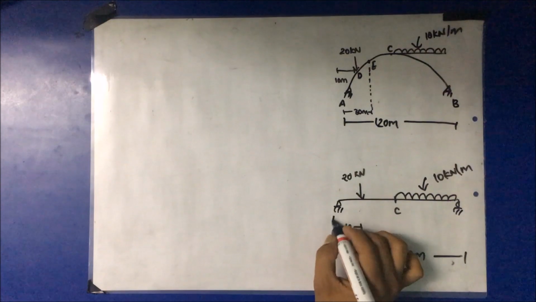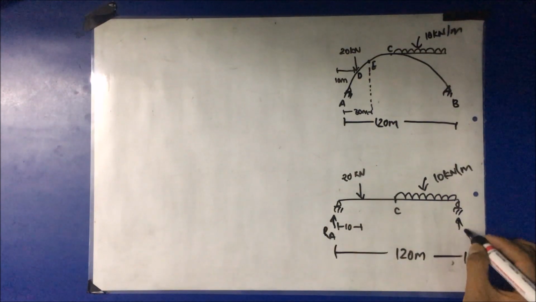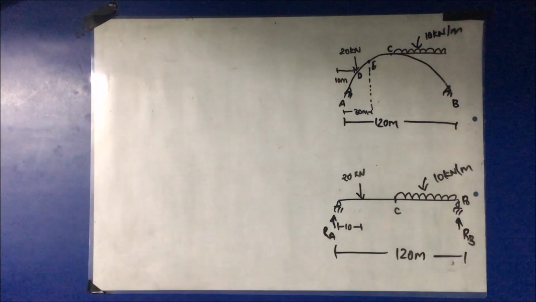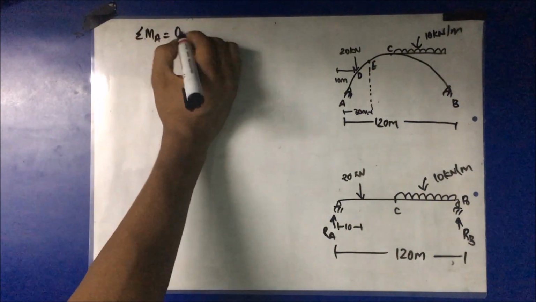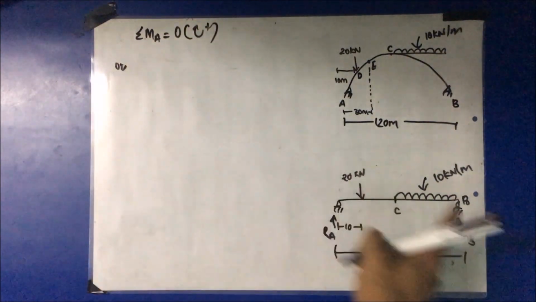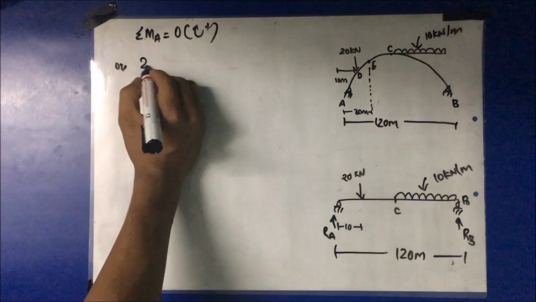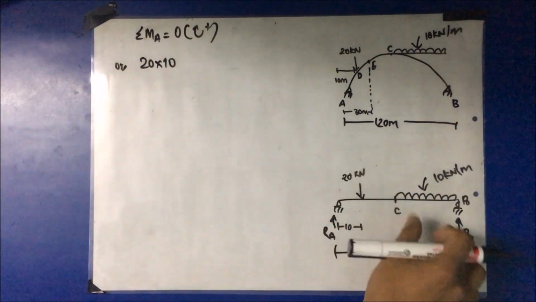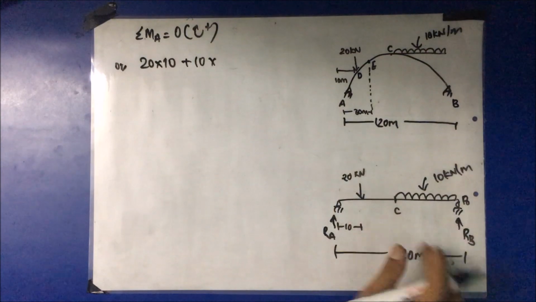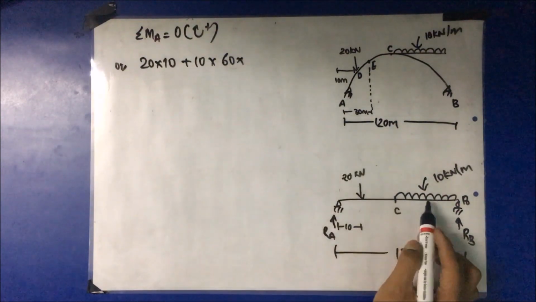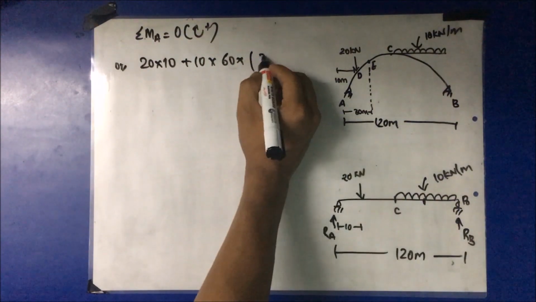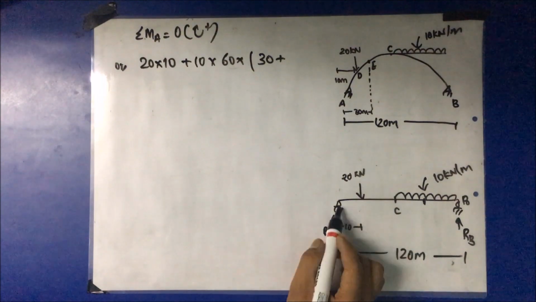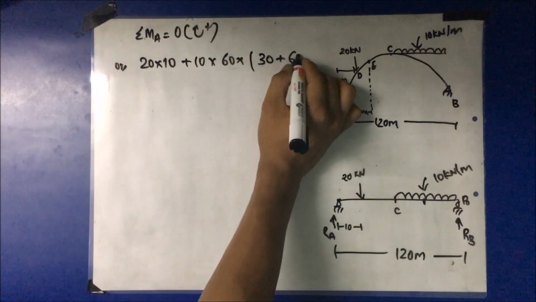Now here we will find the reactions at A and B. Applying the static equilibrium condition, taking moment about A as 0: RB gives anti-clockwise, 20 gives clockwise, so 20 multiplied by 10. The UDL also gives clockwise, 10 multiplied by the distance 60 meter, acting at the center, so 30 plus 60.